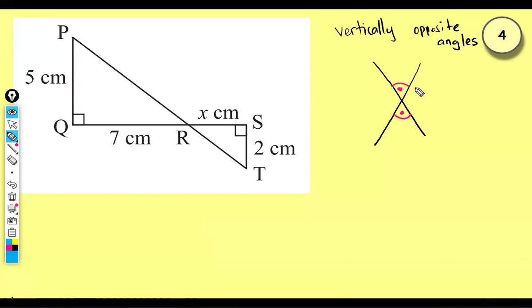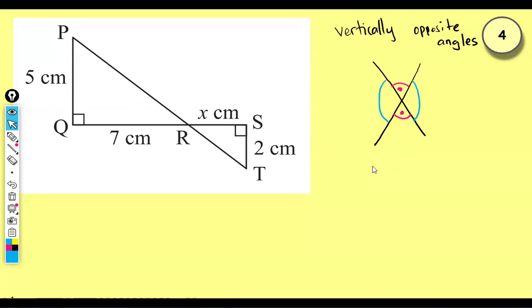And if this blue one is 100 degrees, the one on the other side is also 100 degrees. In other words, angles on either side of the X are always equal. So the two blue are equal and the two pink are also equal.